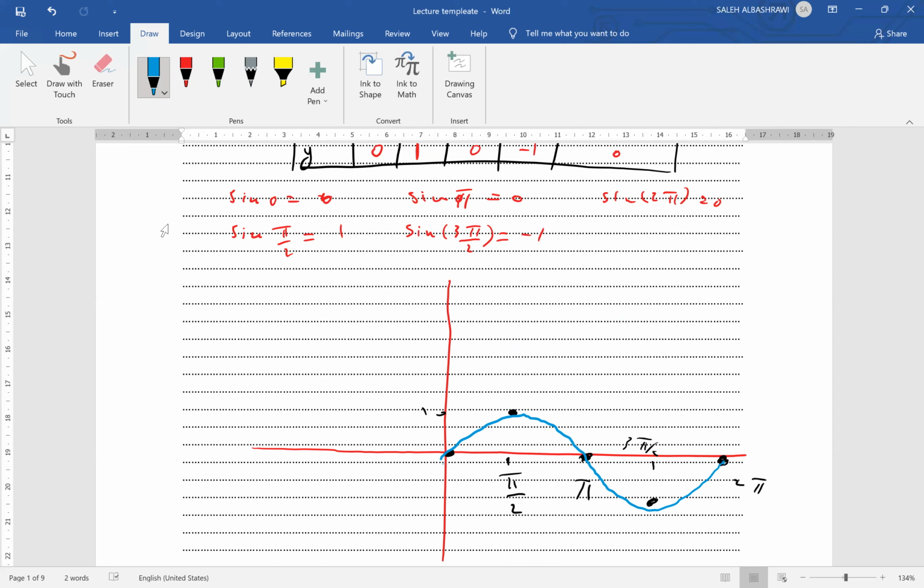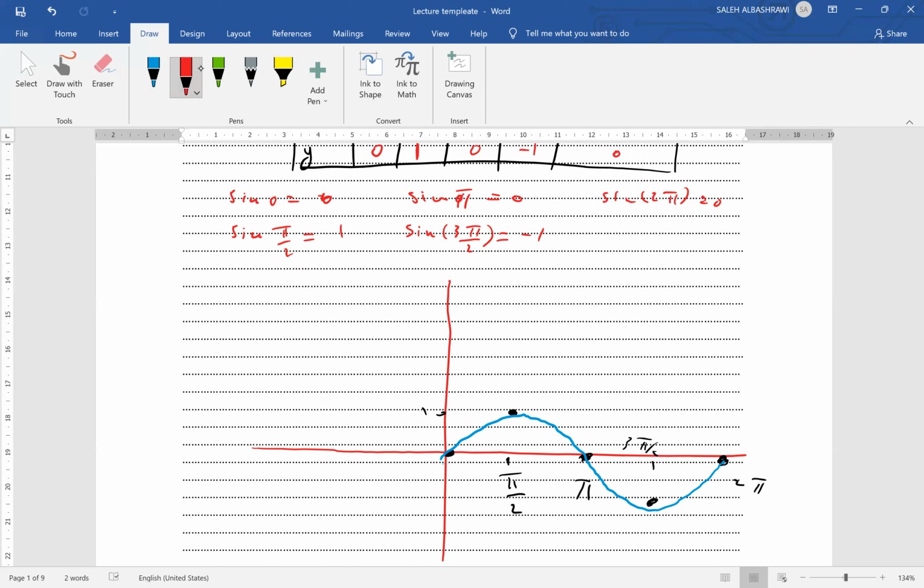So this is the graph of the sine function from 0 to 2 pi, and we call this one cycle or one period. If we move another cycle, I will have other values, and it will be a copy and paste of this graph. So this is one period for the sine function, from 0 to 2 pi.